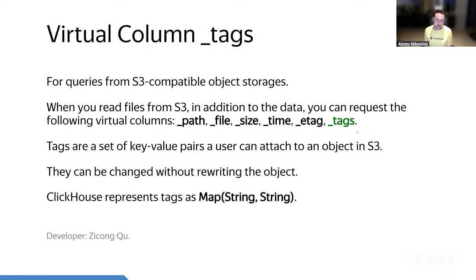Tags are like a small set of key value pairs that you can attach to your files and modify without touching the file itself. But until recently, there was no possibility to extract these tags back and use them in ClickHouse. Now there is. Just select _tags, and it will return a map of string and string.